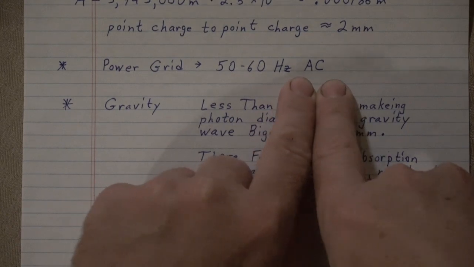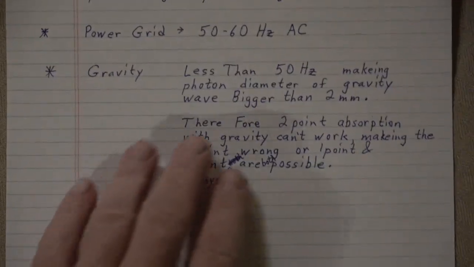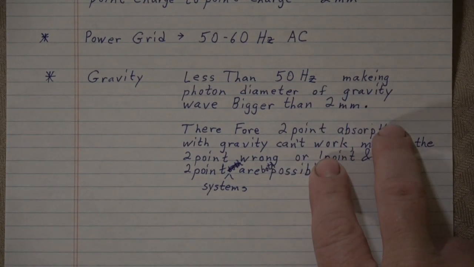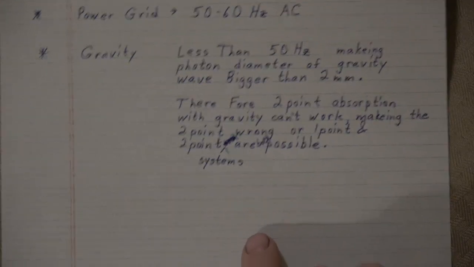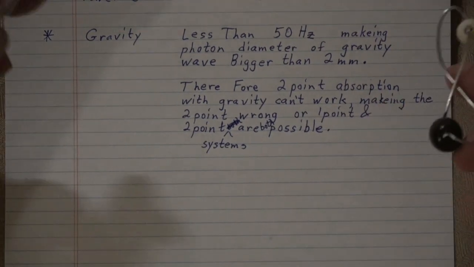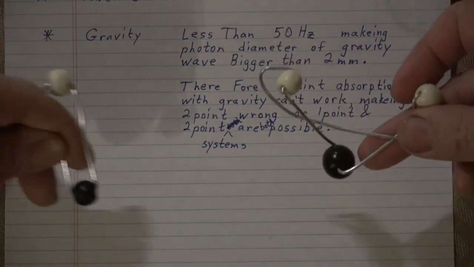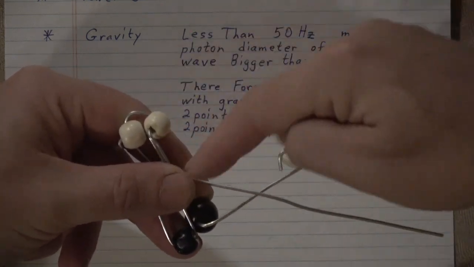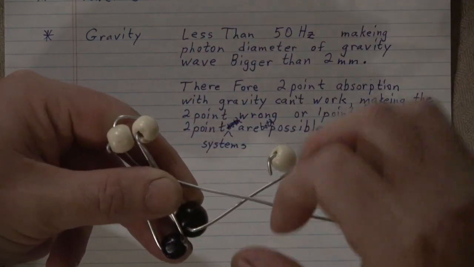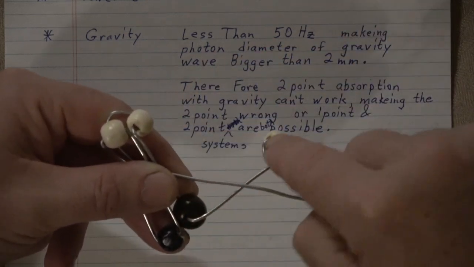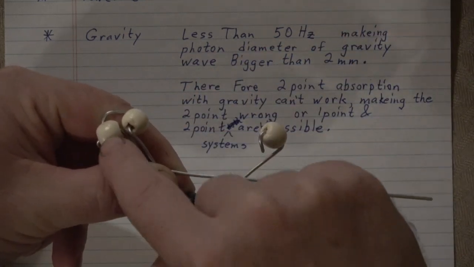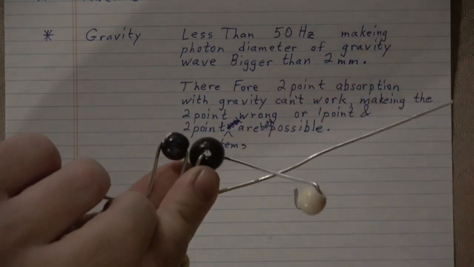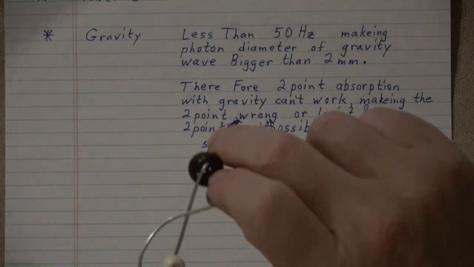Power grid works at 50 to 60 hertz, and gravity waves would have to be less than the 50 hertz, making photon diameter gravity bigger than 2 millimeters, and therefore a two-point absorption where we have an electron coming in and both vortex fields, vortex waves are absorbed, and whatever absorbs these three waves could also, in theory, absorb the photon vortex waves also, and combine the two of them. Whatever forces them apart could also separate them.